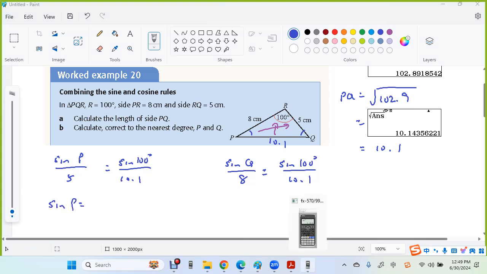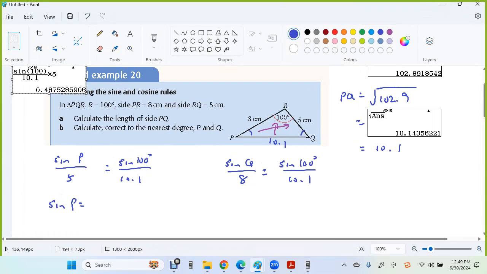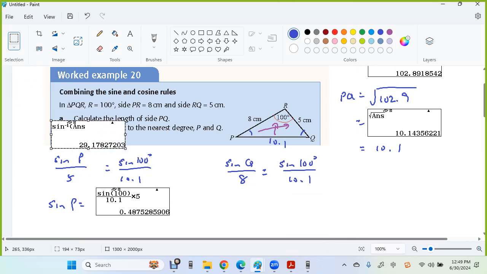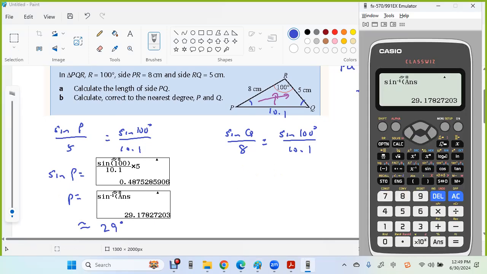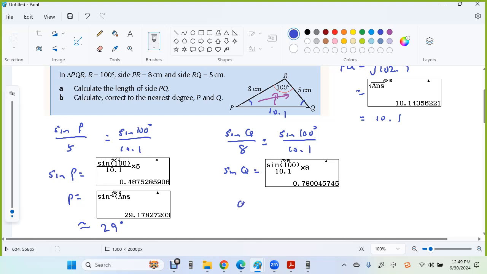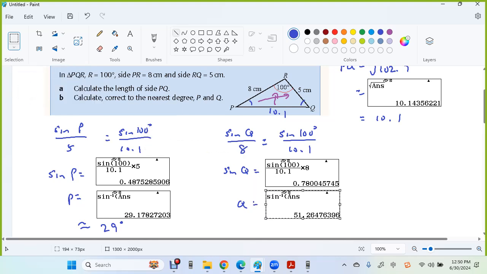Then sine P will be sine 100 over 10.1 multiplied by 5, and the angle will be the arc sine of the answer, which is 29 degrees, correct to the nearest degree. For Q, we multiply sine 100 over 10.1 by 8, and Q will be the arc sine, so Q will be 51 degrees.